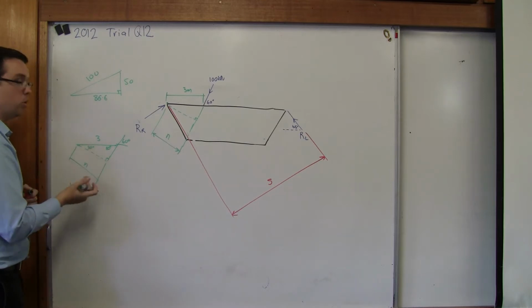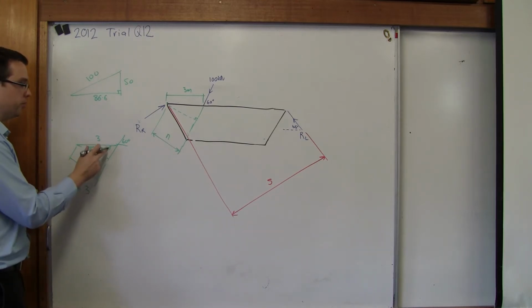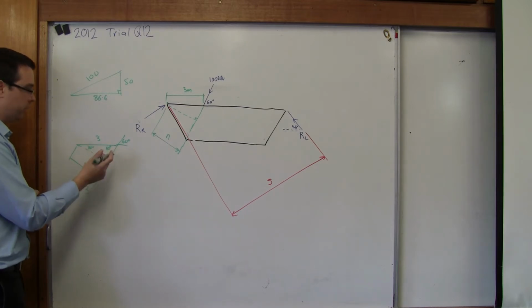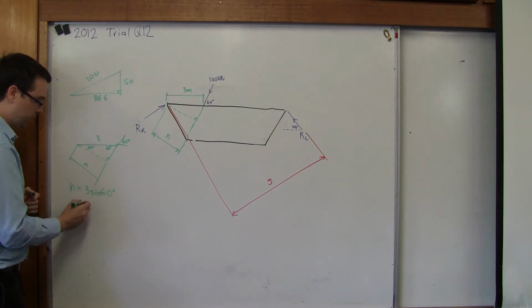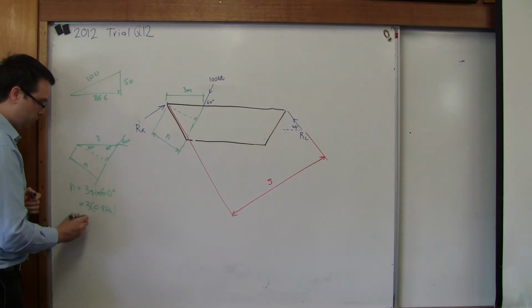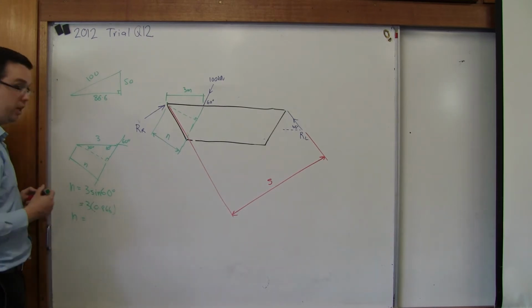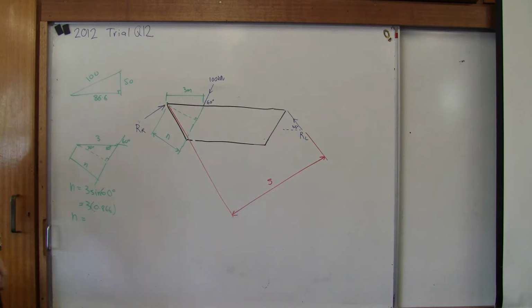Is this adjacent or opposite to 30 degrees? Let's use the 60. It's opposite 60, so it's 3 sine 60, which is the same as 3 times 0.866, which equals some value for n. I can't do that in my head, so I need to get the calculator out.